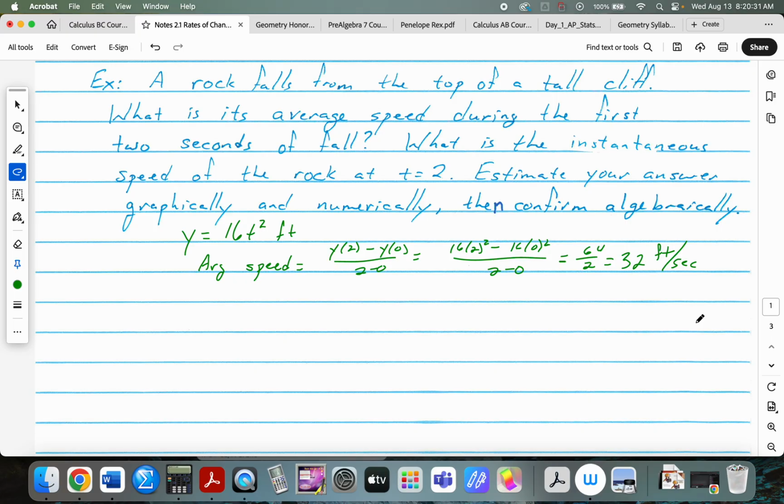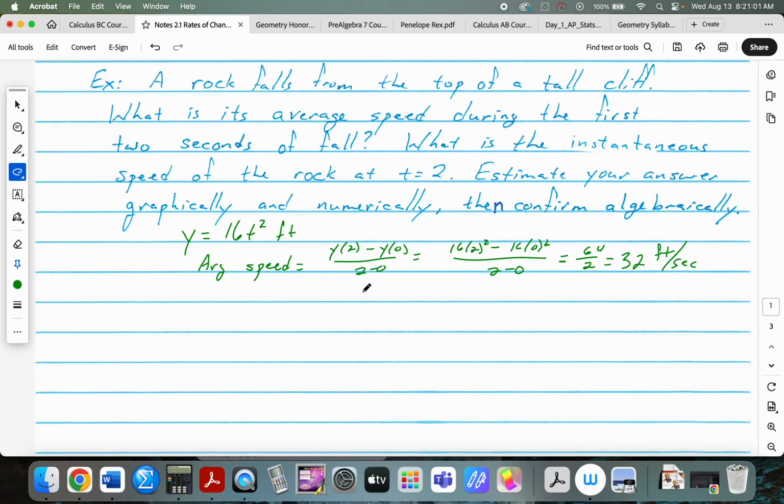Now, a different question is, well, what's the instantaneous speed of the rock at t equals 2? Well, if we tried to find the instantaneous speed by doing y of 2 minus y of 2 over 2 minus 2, what do we end up with? Really? Well, you end up with 0 in the numerator and 0 in the denominator. That's bad.